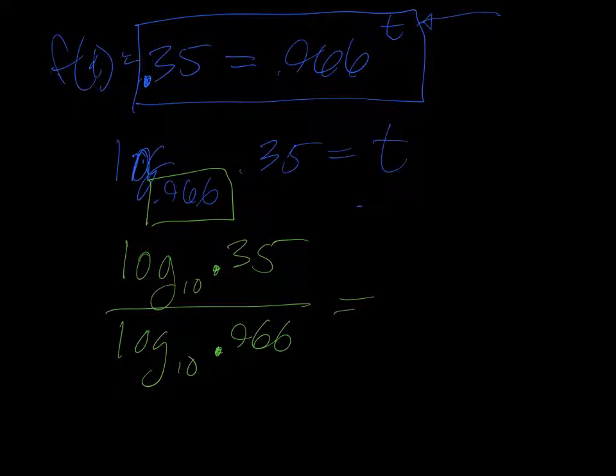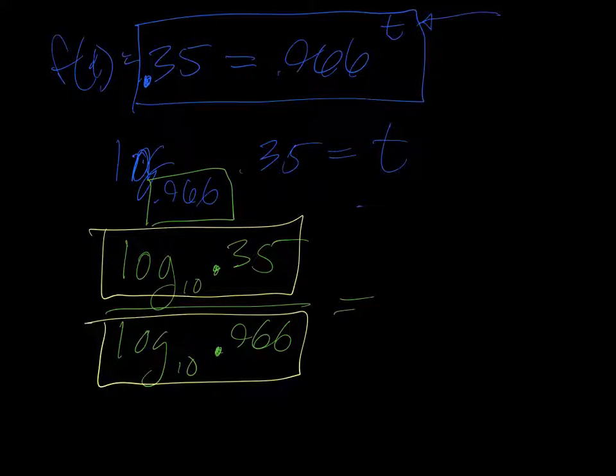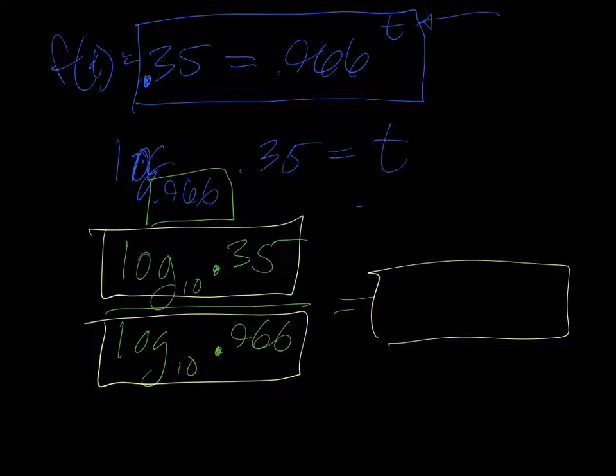And then we put this value into our calculator and divide it by this value from our calculator, and we'll get some other value. If you give me 12 seconds, I dug up the calculator when I shut this off last time. So log of 0.35, close paren, divided by log of 0.966, close paren, and we get an answer that's 30.349, and so on.